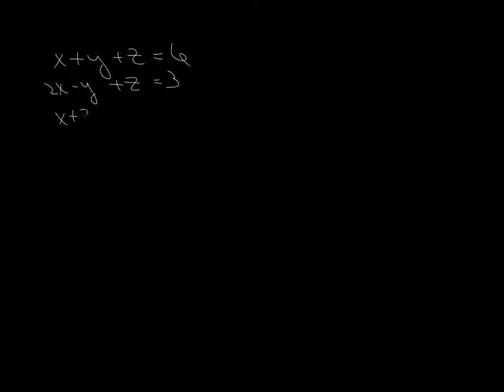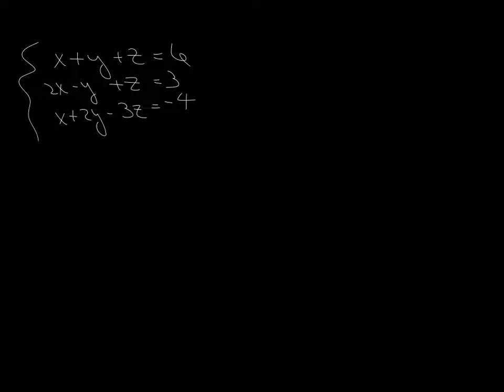X plus 2y minus 3z equals negative 4. Alright, so I have three equations and three variables because I cannot solve if I have more variables than equations.